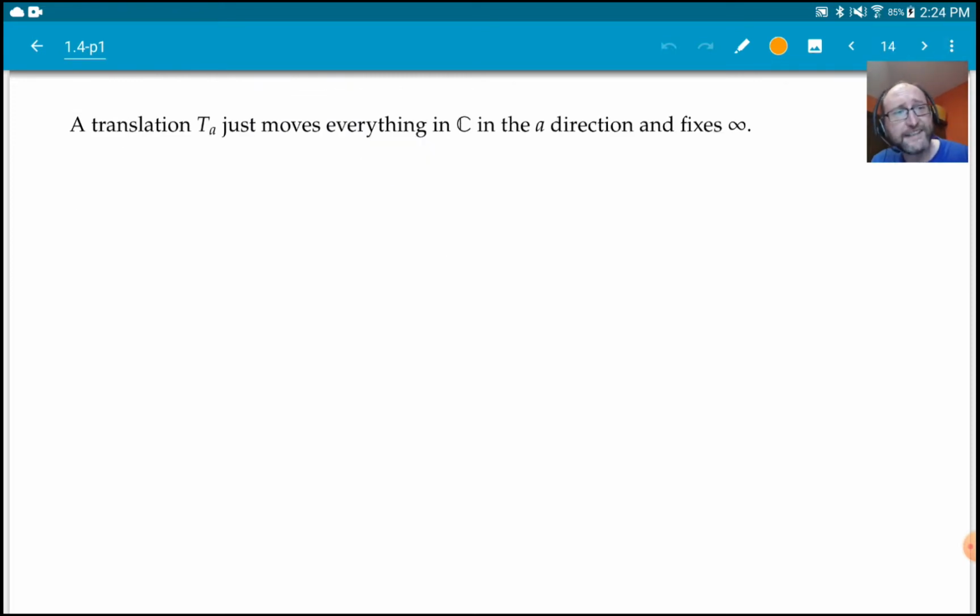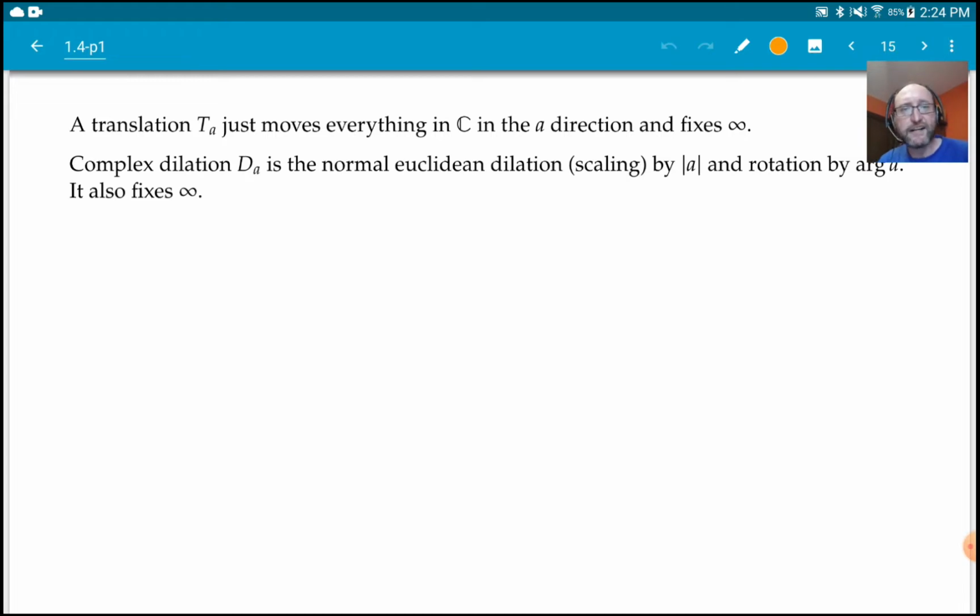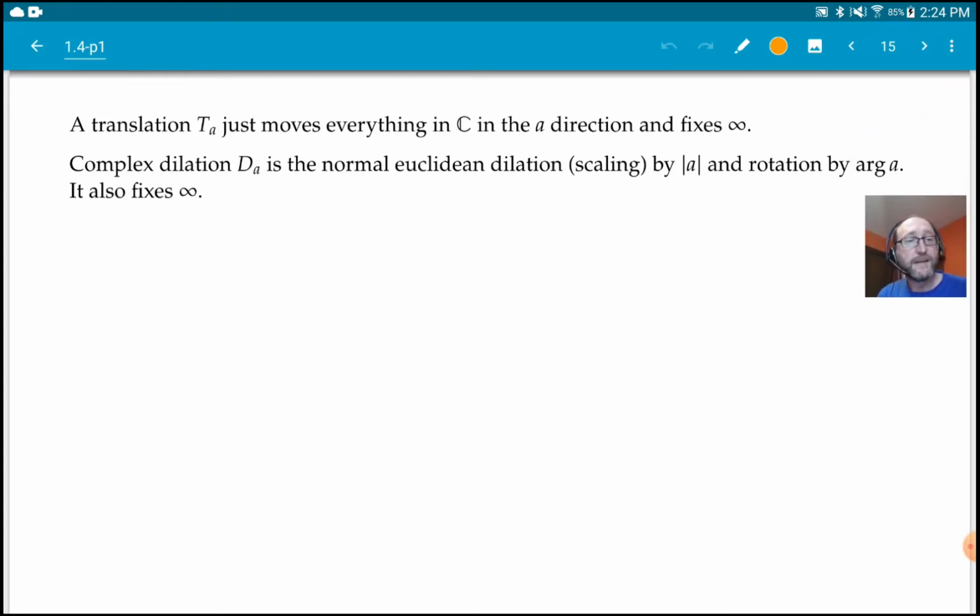Now let's see what these guys do. Translation is easy. It moves the entire complex plane in the direction of A, and fixes infinity. That's easy geometrically. Complex dilation is maybe a little bit more complicated.